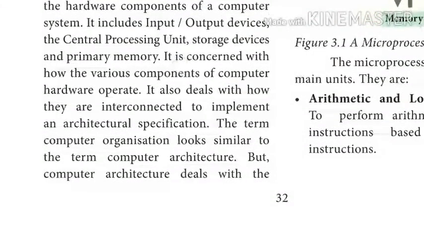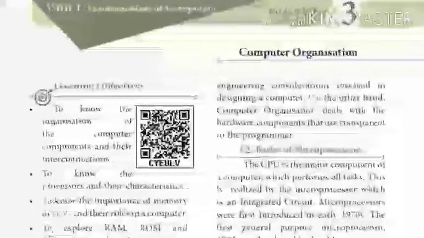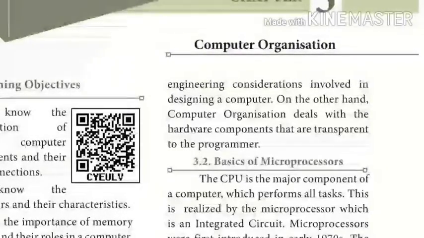The term computer organization looks similar to the term computer architecture, but computer architecture deals with the engineering considerations involved in designing a computer. On the other hand, computer organization deals with the hardware components and their interconnections that are transparent to the program. Okay, so this is an important 3 mark question: differentiate between computer organization and computer architecture.